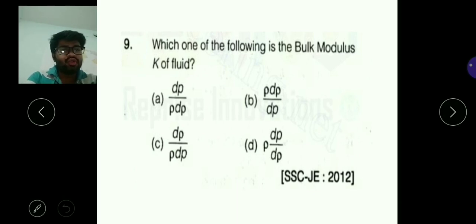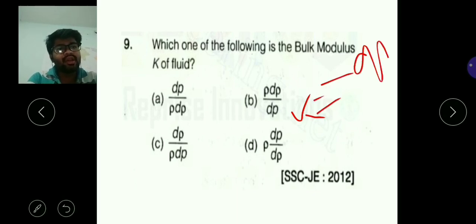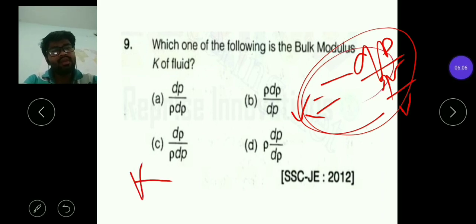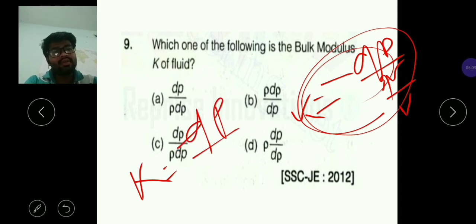Then moving next, which one of the following is the bulk modulus K of the fluid? We know that bulk modulus is equal to minus dp divided by dV by V. This equation can also be written as K is equal to dp divided by d rho by rho.